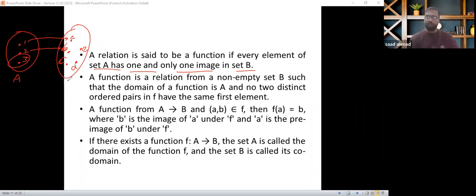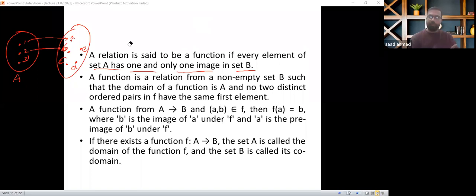Then it's not a function either, because we don't know where this 3 goes to if we press the 3. It's an input, but it doesn't give any output. So in that case, it's not a function. All the input elements should give us an answer, one answer for one input.